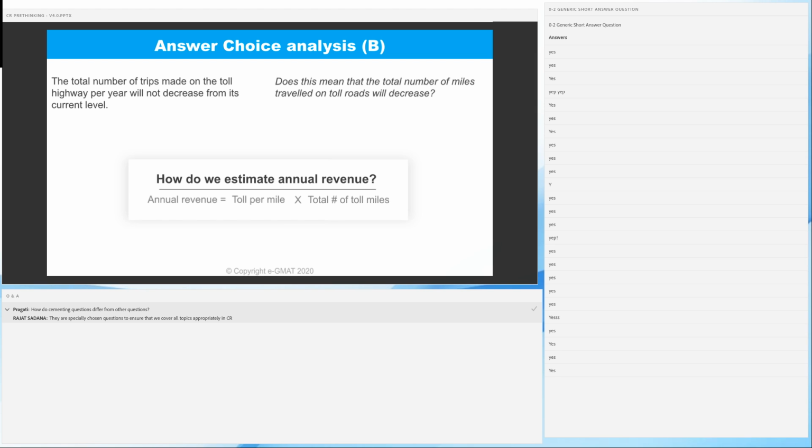Now, what's the definition of an assumption? It is an unstated idea required for the conclusion to be true.